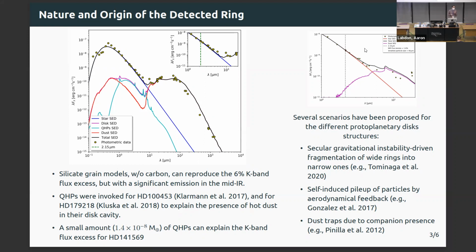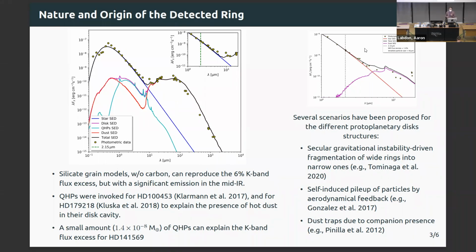The small width of the ring can raise some questions on the origin of such a ring. First of all, other GRAVITY data analyses for other systems led in two cases to small ring widths, but several scenarios have been proposed for the different protoplanetary disk structures.